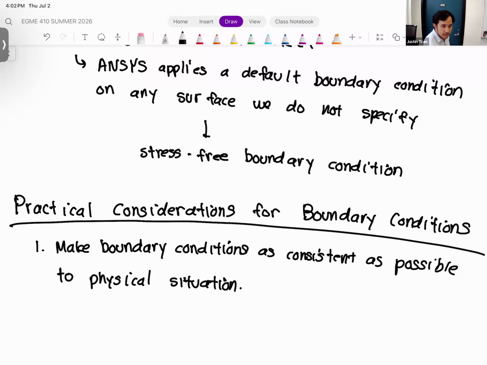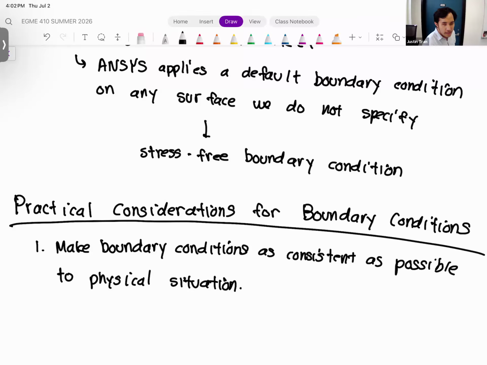Which again is going to seem obvious, and honestly, this is probably not something you're going to think about until you work on the projects. Just because, at least for the activities, for the most part, I'm going to be providing you with the boundary conditions, and so it's not something you're really going to think about.